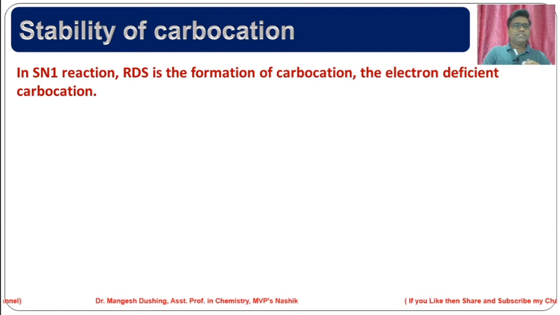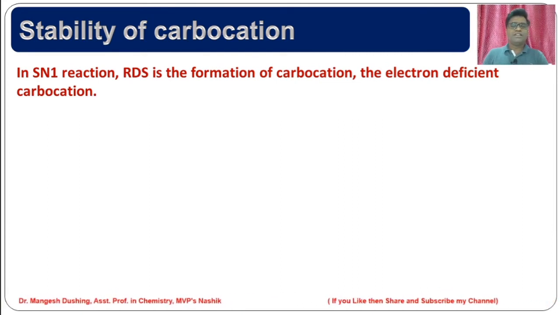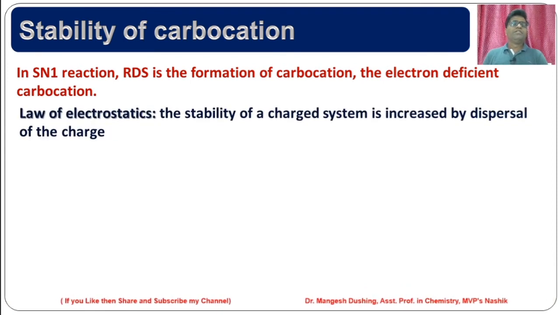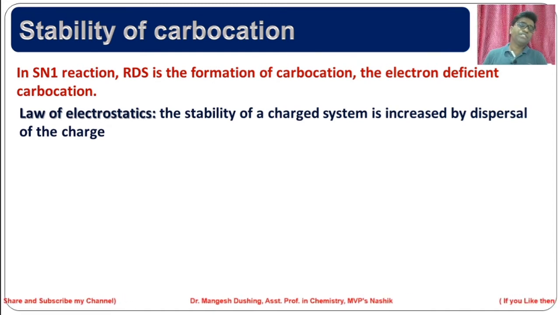Friends, now we will see the stability of carbocations. Which factors affect the stability of a carbocation? In the SN1 reaction, the rate determining step is the formation of the carbocation. A carbocation is an electron deficient carbon. Friends, the stability of a charged system is increased by dispersal of the charge.